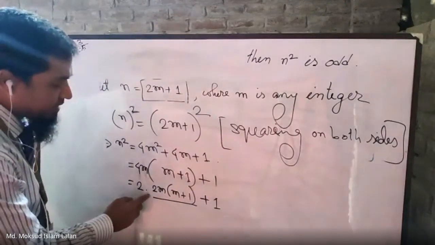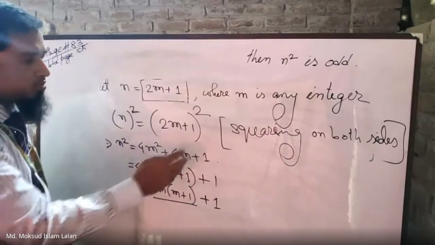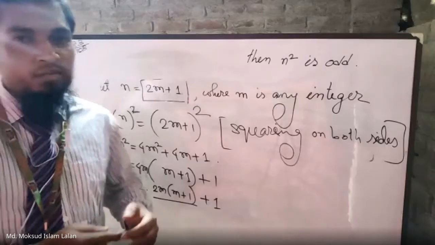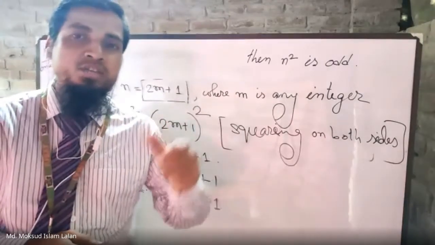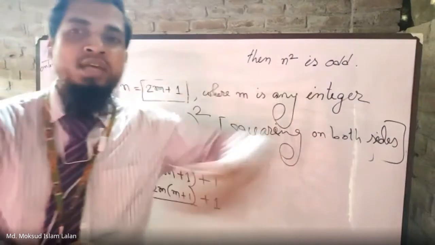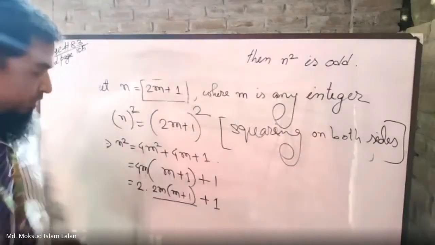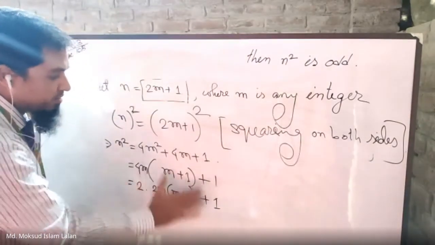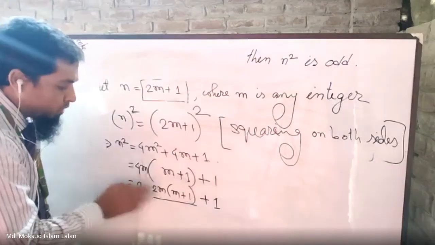Now coming here, dear student, before considering m as an odd number, we know the structure of an even number: 2 times any number, 2 times multiplication of any integer. So here focus on 2 and any integer.